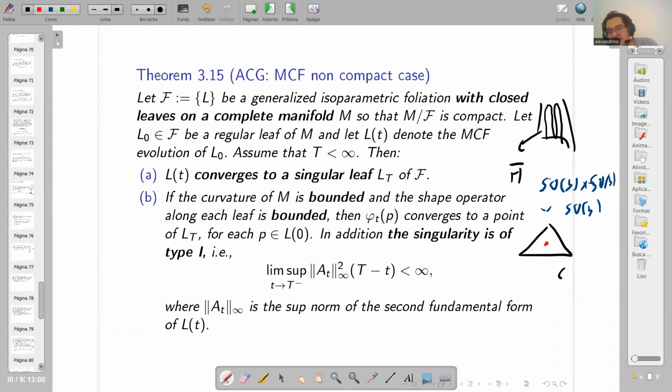Our quotient space here, we learned in Lie group theory, is just this triangle here. And what happens is that if you are at the barycenter you stay here, otherwise you go to the vertex, and there is some point where you go to the walls. So you understand quite well what happens in this picture here.